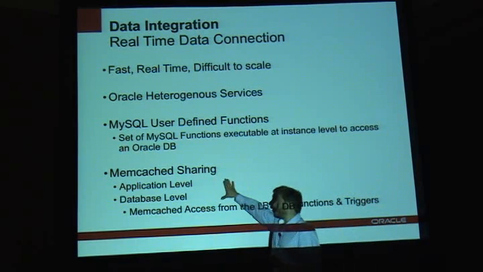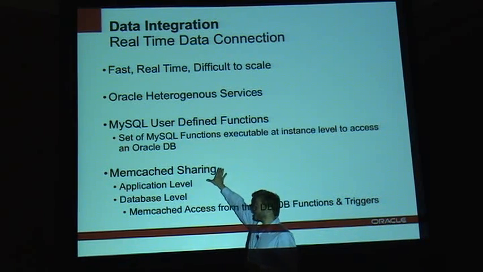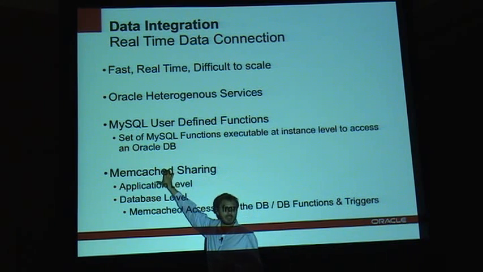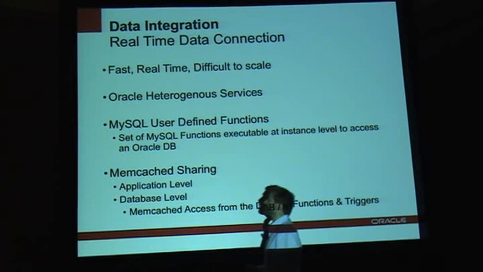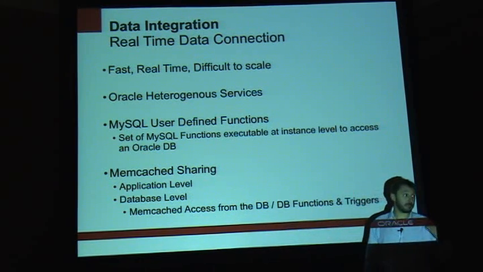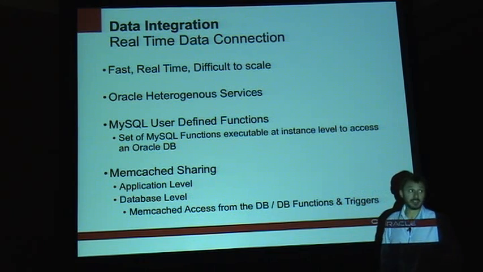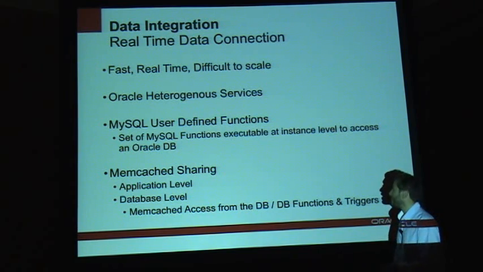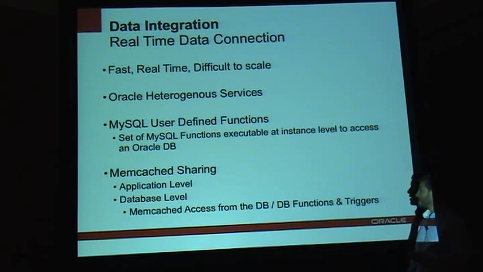Another option is an element that must be, of course, carefully evaluated, because at the end of the day, this is just a cache, and you may lose your data in a cache because it can be evicted. You can use memcache for sharing, and that can be, again, pretty much in real time, because you can store the data, triggering the information when you store it on one of the servers. It can be immediately available on the cache, and then you can retrieve it from the other database.